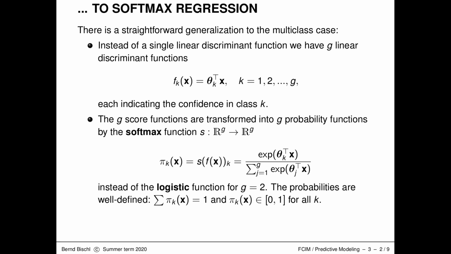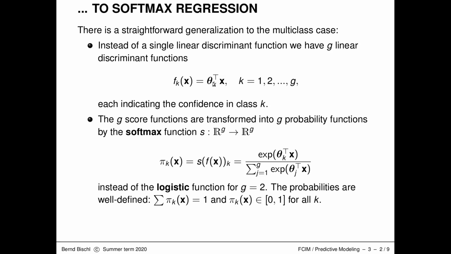Instead of modeling a single linear discriminant function, I now have G linear discriminant functions, fk of x. Because I still only want to consider linear models, I will assume that these scoring functions are again simple linear scoring functions, each represented by a parameter vector theta k.